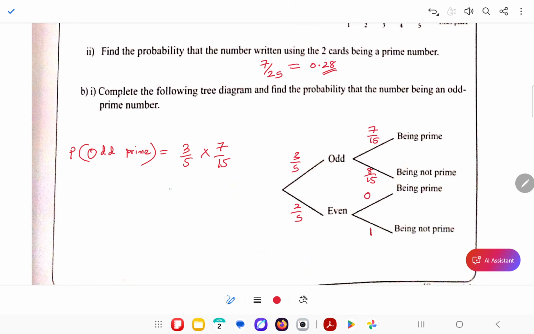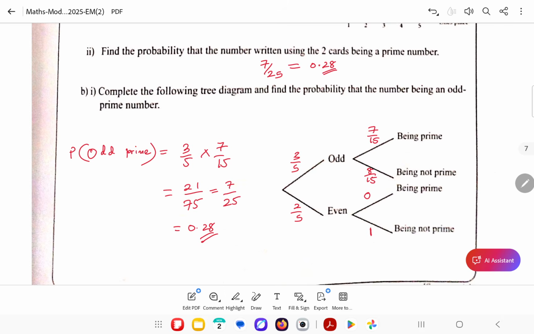So 21 over 75 or 7 over 25. So 0.28. Odd prime now.